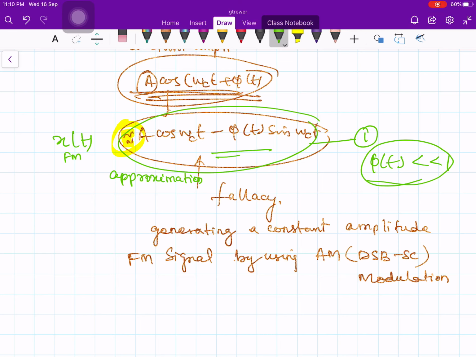That is not an issue. As long as phi of t is much less than 1, no problem, because that is the condition under which we have derived this equation. So in narrowband FM there could be some small variations in amplitude. That is a possible problem that you have to keep in mind when you are dealing with the narrowband FM signal.